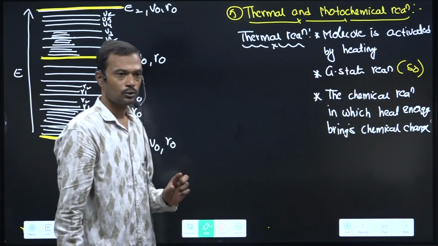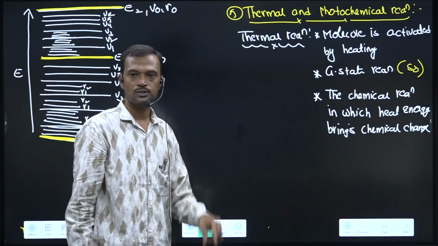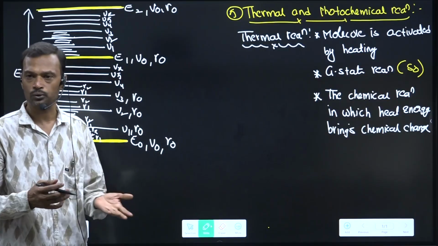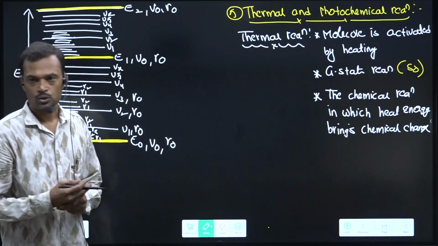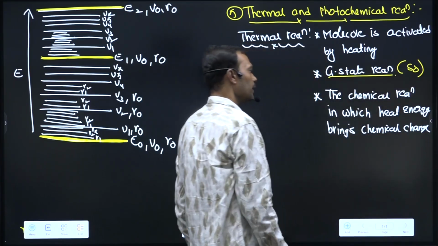Okay. So when heat energy is absorbed by any molecule, that will bring change in its vibration energy level, and it will give product before reaching the electronic energy level. So I can say that all thermal reactions are ground state reactions.